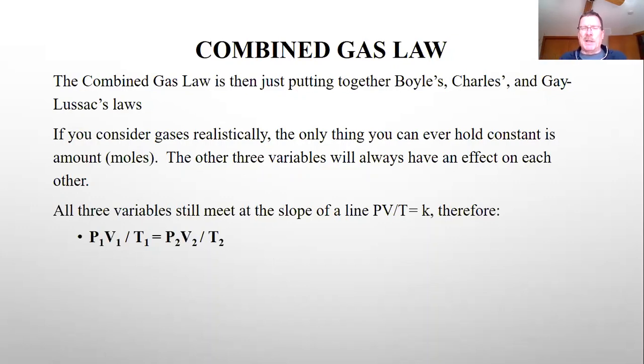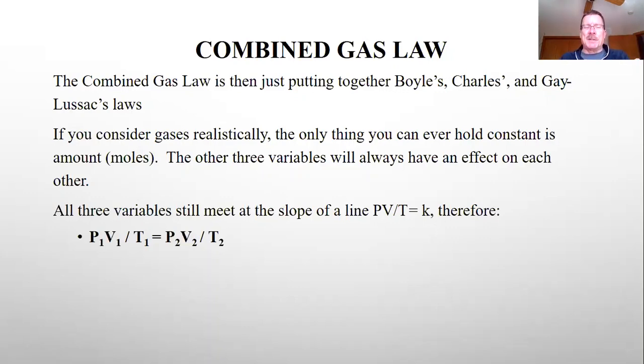Because of the linear math and because of the relationships, you can smash them all together, although you can't really draw a great graph of it. But that means that pressure, volume, and temperature at a constant amount for a particular gas are all going to meet at the slope of the line, just like we saw in the others.